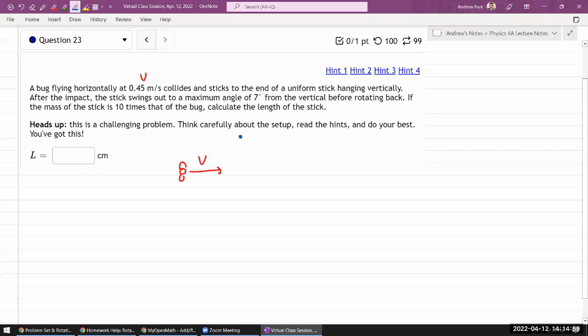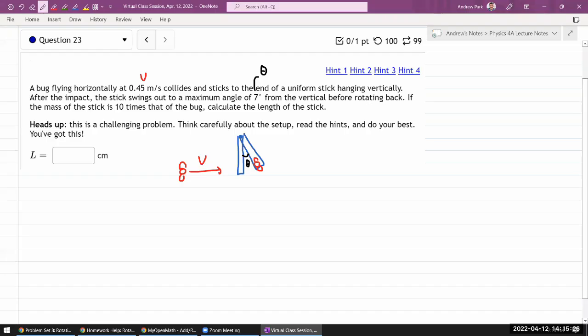Okay, so I have some stick that's hanging vertically. After the impact, the stick with the dead bug on it swings out to some maximum angle theta, this angle theta from the vertical, before rotating back.